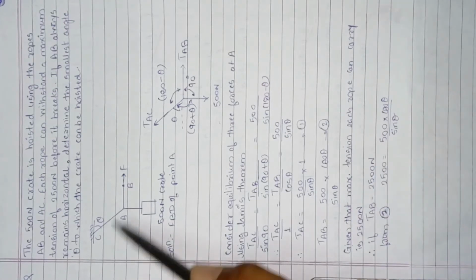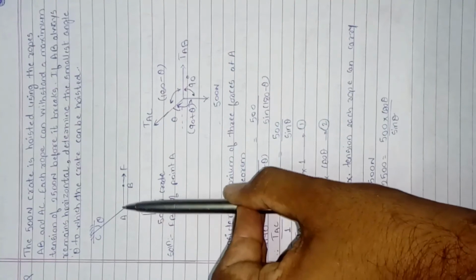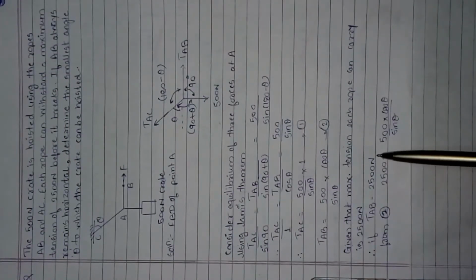The condition was that in neither cable AB nor AC should the tension exceed 2500 Newton. We'll assume that in one of the cables the maximum value reached is 2500 Newton. First we assume that in cable AB we have reached the maximum value 2500.